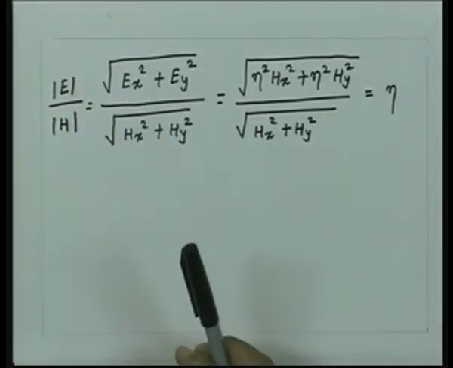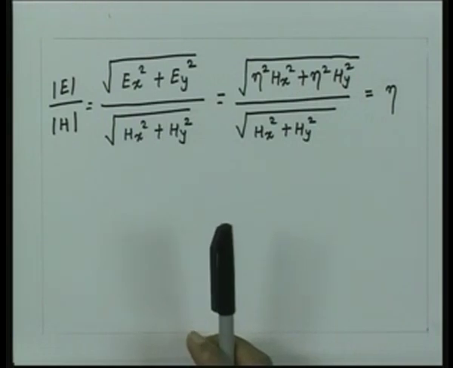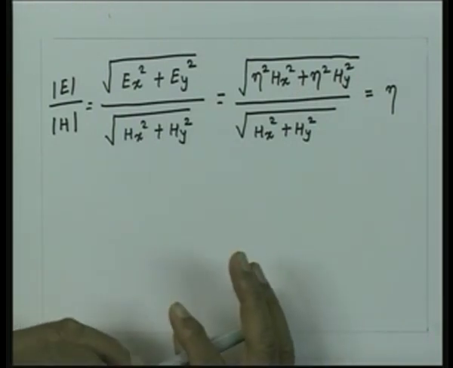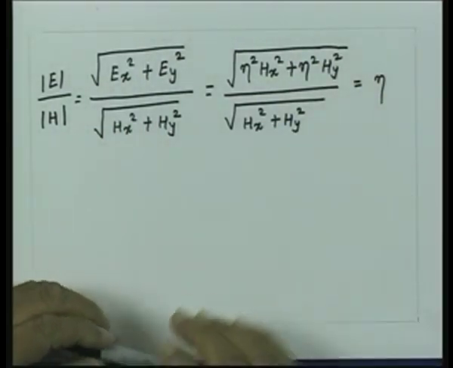So, what that means now is that the ratio of the magnitude of electric and magnetic field is always equal to the intrinsic impedance of the medium, which is decided by the medium parameters.